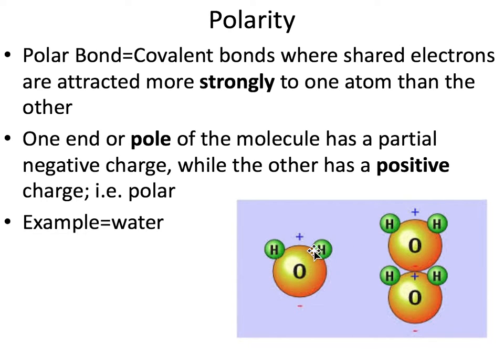So the hydrogen end of water ends up being positively charged, and the other side is slightly negatively charged. And because of this, water molecules are attracted to each other, and they form hydrogen bonds between the positive and negative parts of each. And these lead to some important properties of water, like cohesion, for example.